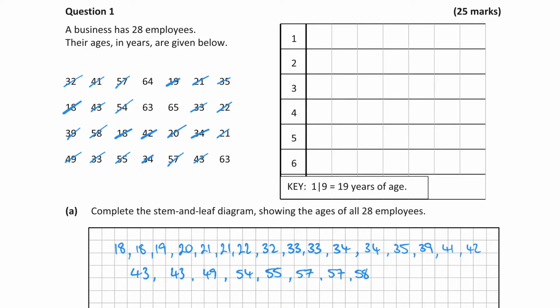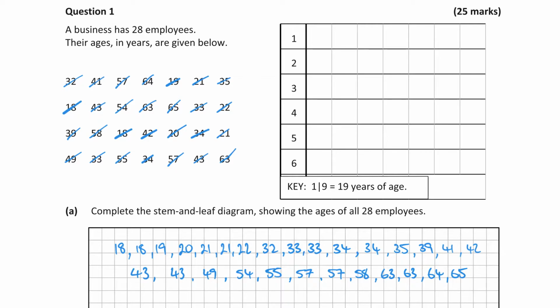Then we have the last few of our 60s. So we have 63, 63, 63 and 63, and 64 and 65. We can see there that we've everything crossed off.